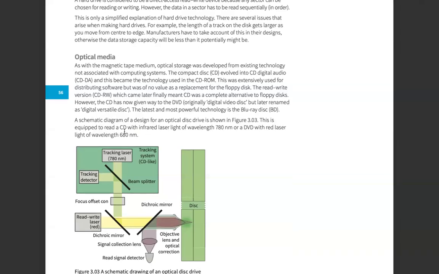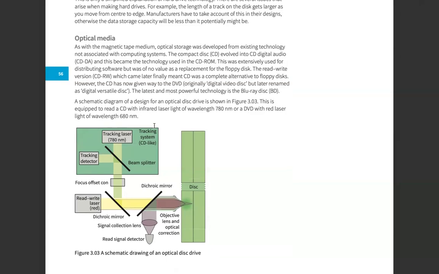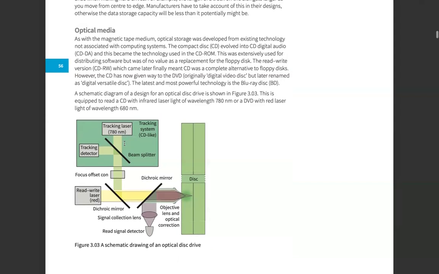A schematic diagram of a design for an optical disc drive is shown in the figure below. This is equipped to read a CD with infrared laser light of wavelength 780 nanometers, or a DVD with red laser light of wavelength 680 nanometers as well. This is the entire schematic drawing of the optical disc drive, how the path works.